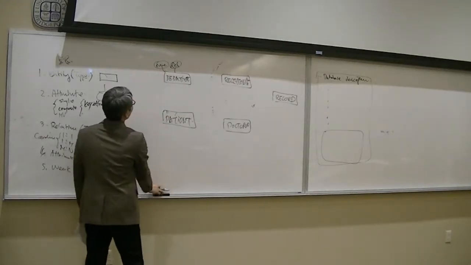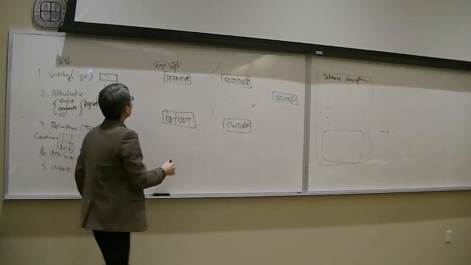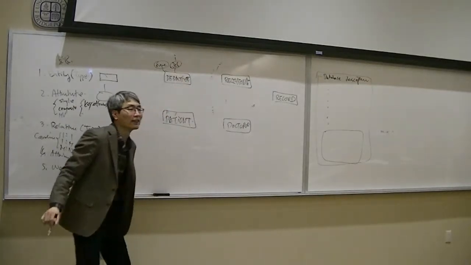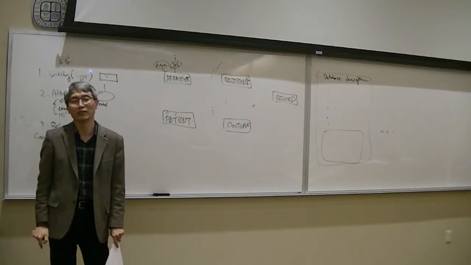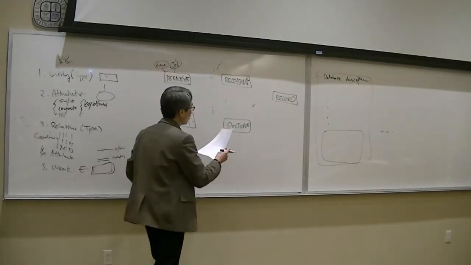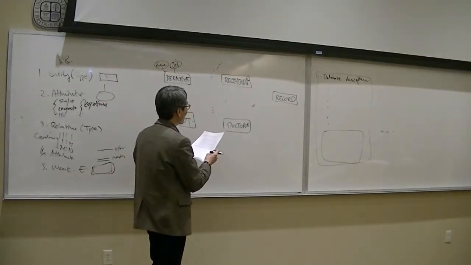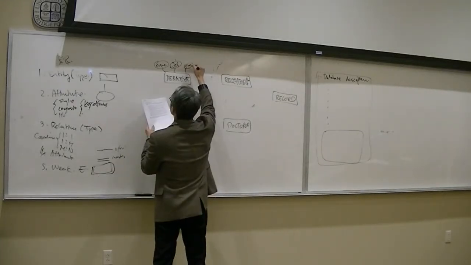So it's up to you. But if I do not understand the ID, you may not get full credit in this class. Please use a reasonable, meaningful name for the attribute.